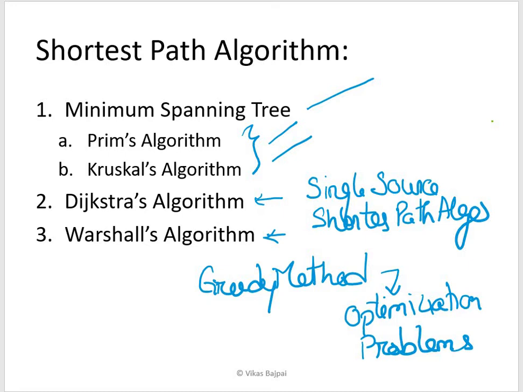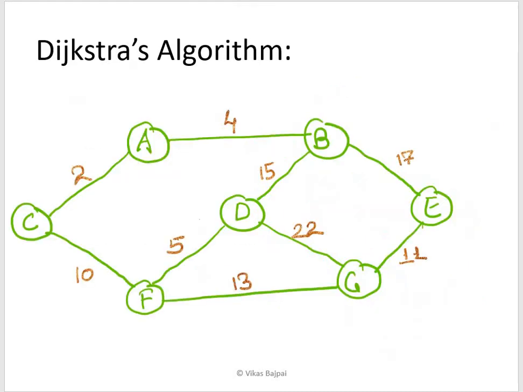Since this is a single source problem, we have a single source, and in this Dijkstra algorithm we do the labeling of every node, and this labeling is of two kinds. One is temporary, another one is permanent.